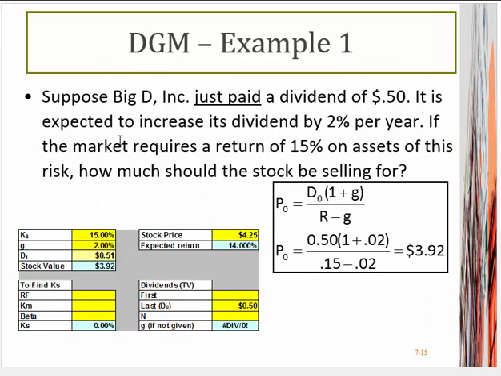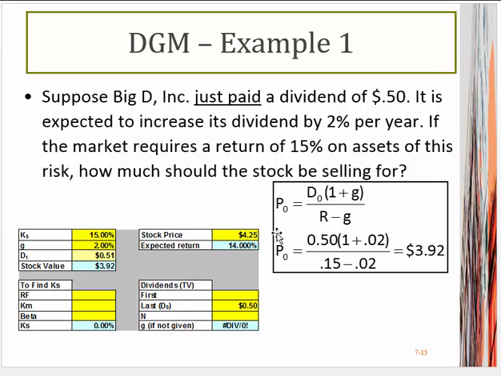So here we have a company that just paid a 50-cent dividend. They expect to increase its dividend by 2% a year. The market requires a return of 15% on its assets. Based on the risk of this company, what should this stock be selling for?